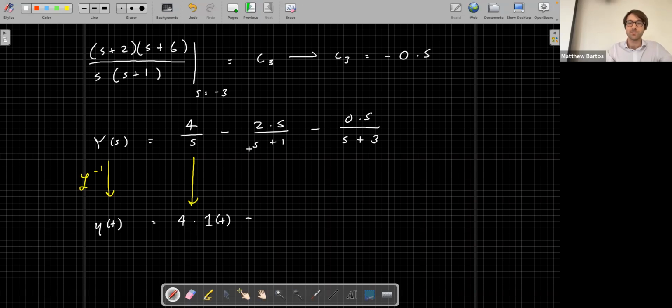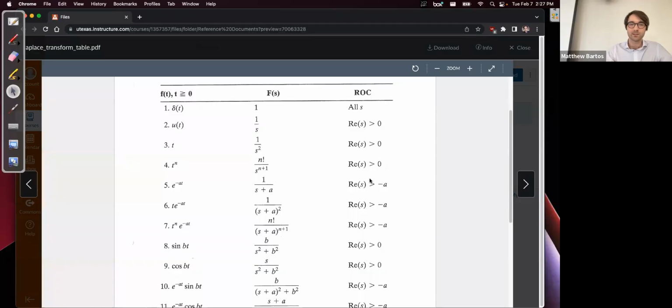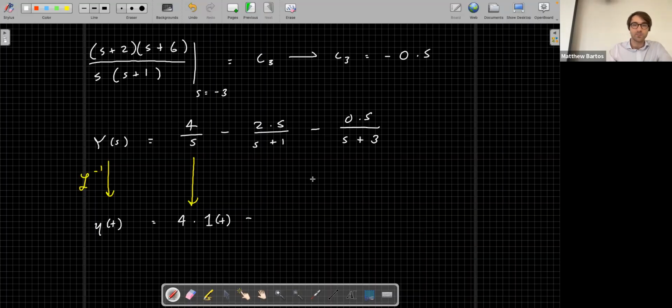What does the second term here become? Yeah, it'll become an exponential, so we'll end up with 2.5 times e to the negative t, right?